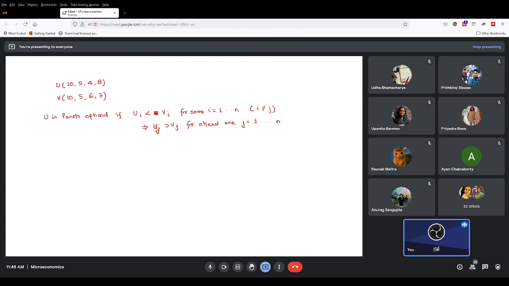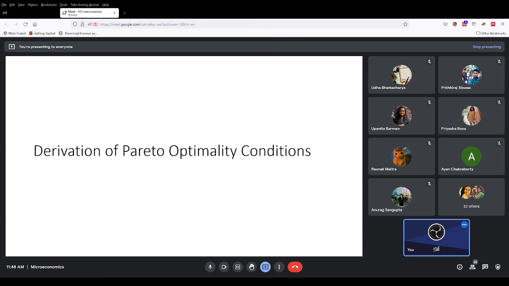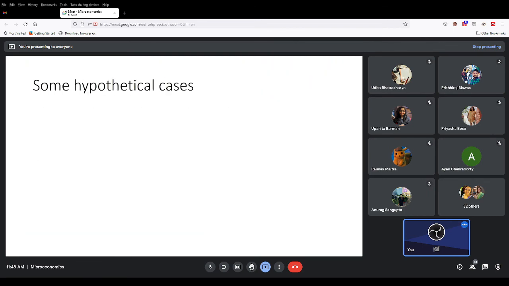Okay, so if one person is gaining, you should have at least one person who is losing. Then you say it is Pareto optimal. That's it. So I'll stop at this point.